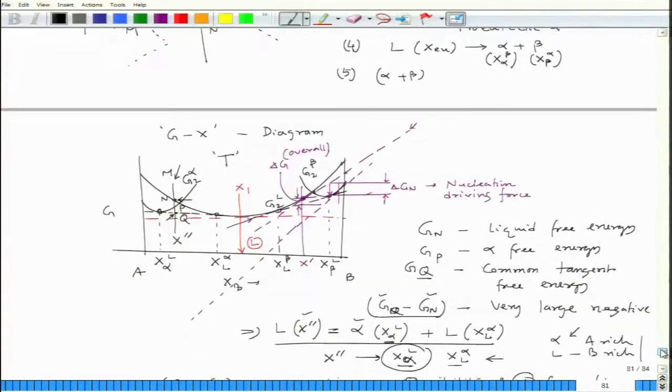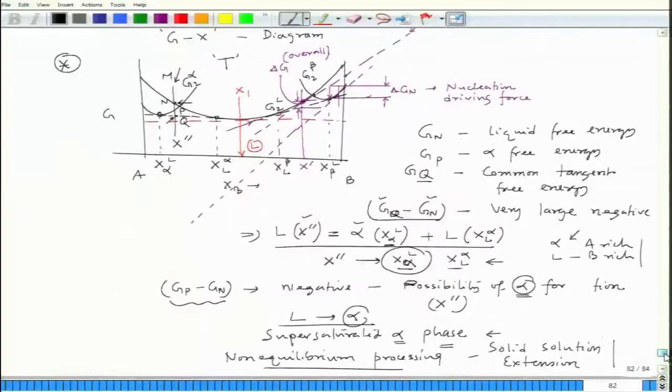Second advantage of the phase diagram and associated GX diagram is this one, where I could get to know what phase would appear and also the possibility of supersaturated solution, as well as it also tells us we have to take a specific composition which would give us a phase transformation, otherwise we would end up getting the same phase.